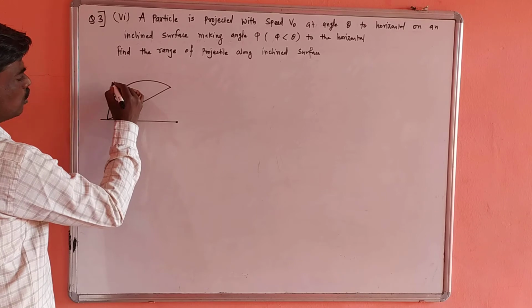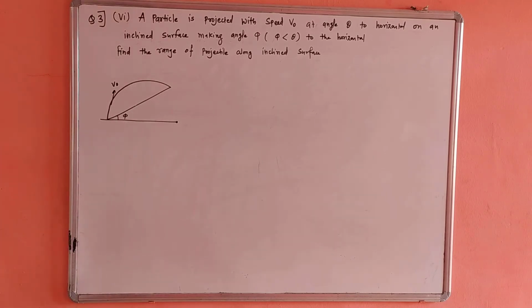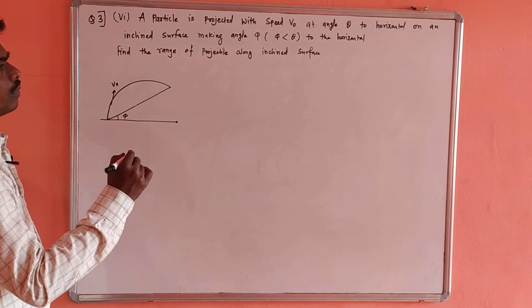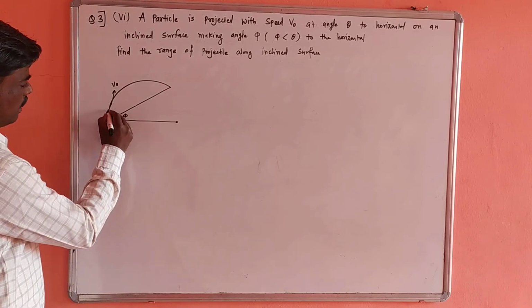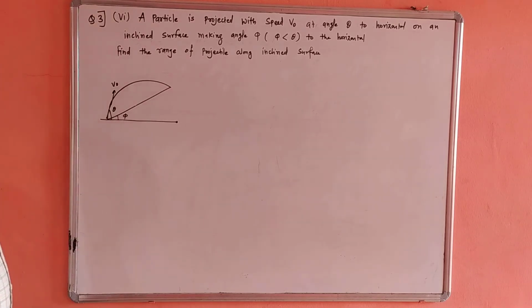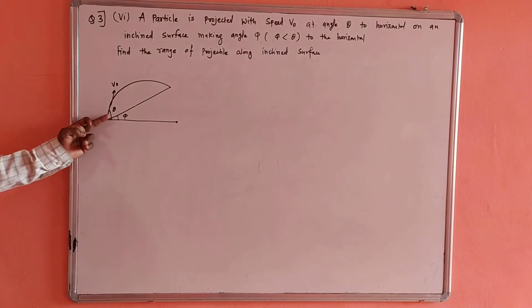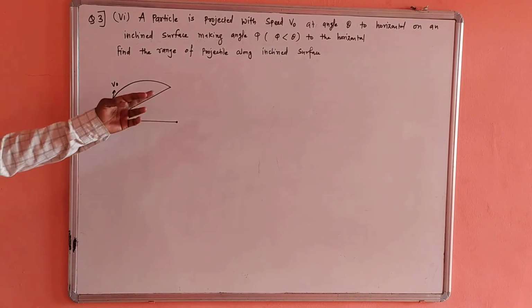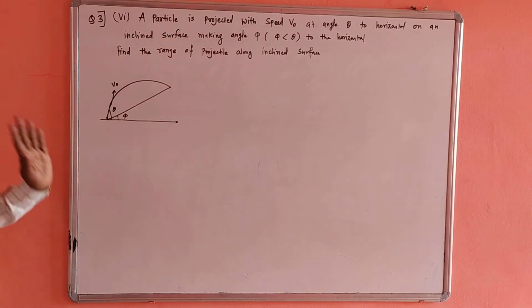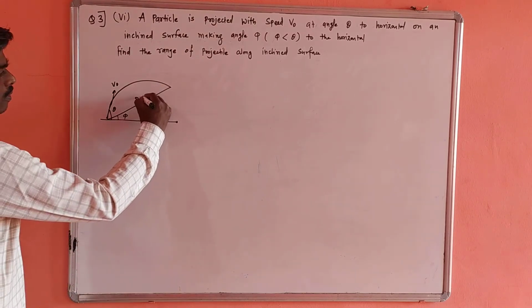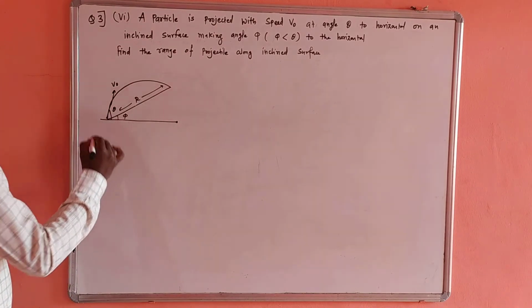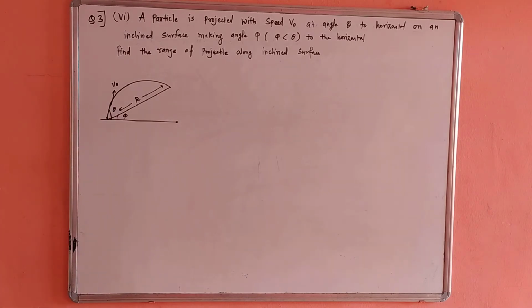Suppose this is the velocity of projection v0, at a certain angle theta. So this is the angle theta. Obviously phi is less than theta. So we have to find the range that the particle covers on the inclined surface.